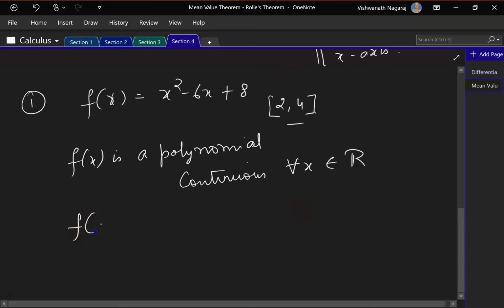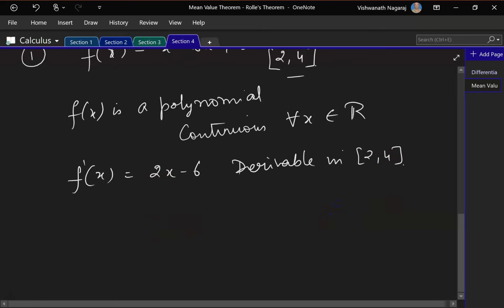Okay, f prime of x, if we differentiate this, we get 2x minus 6, right? It is derivable in 2, 4.